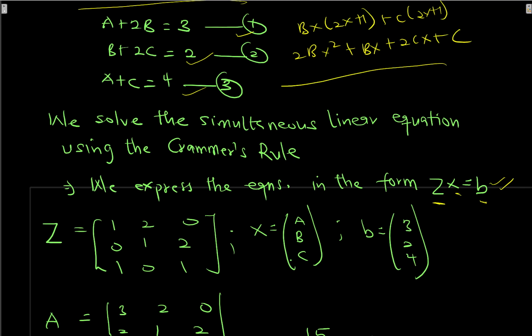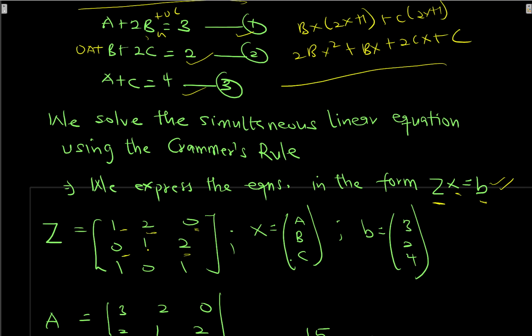In equation 1, the coefficient of A is 1, the coefficient of B is 2, and there is no C, which means the coefficient is 0. Also, in equation 2, there is no A, so you can rewrite this as 0A plus B plus 2C. So we have 0, 1, and the coefficient of C in equation 2 is 2.